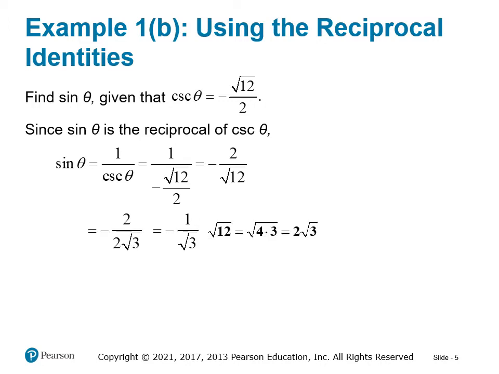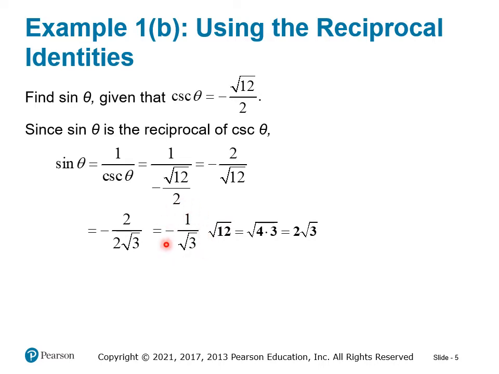Since the square root of 12 is the square root of 4 times the square root of 3, and the square root of 4 equals 2, we can rewrite this as 2 times the square root of 3, which you can see here. When we simplify the denominator square root of 12, we see now that we have a common multiplier of 2 in both the numerator and the denominator, which we can then cancel out. And so we get in simplified version negative 1 over the square root of 3.